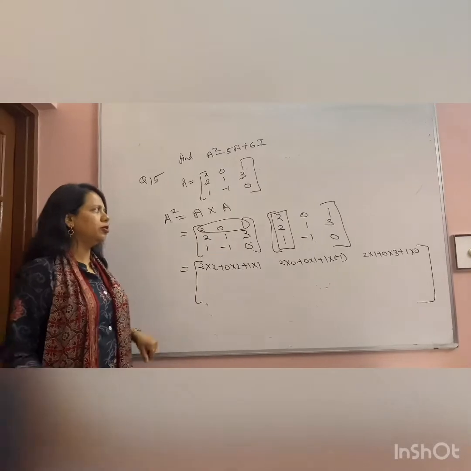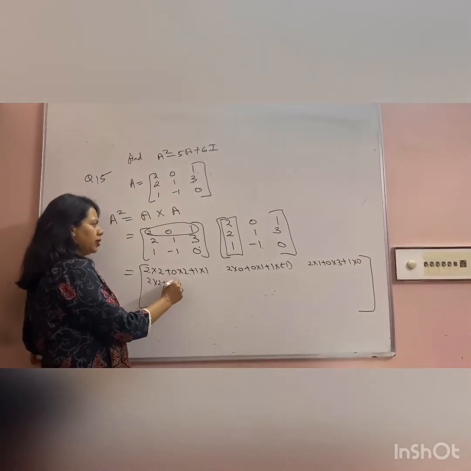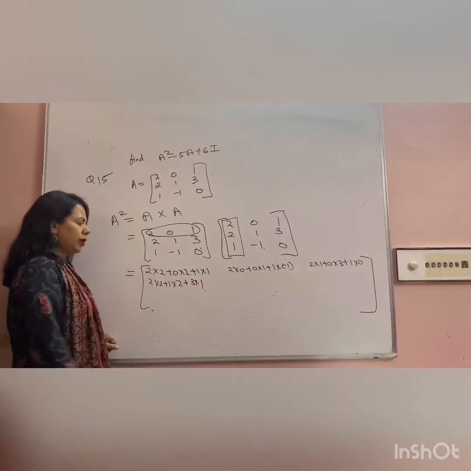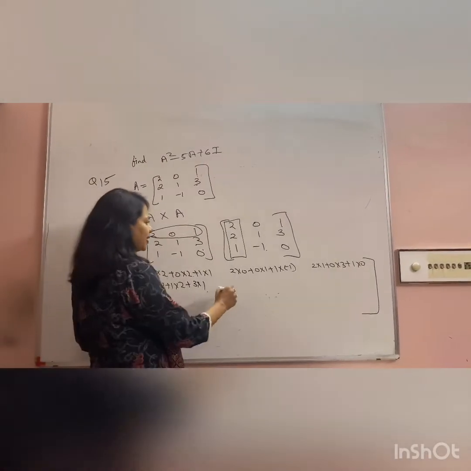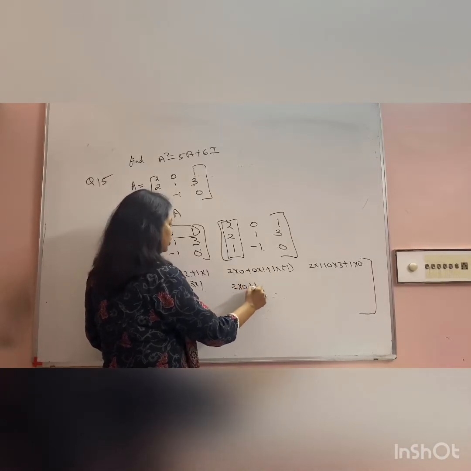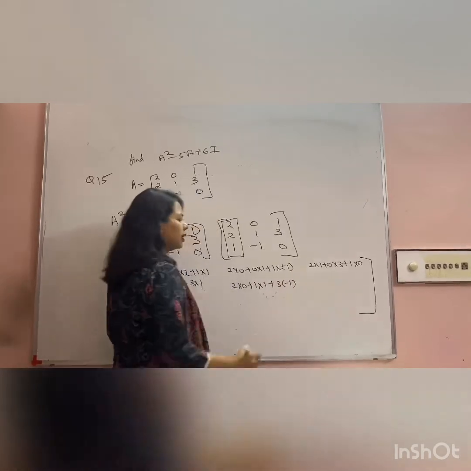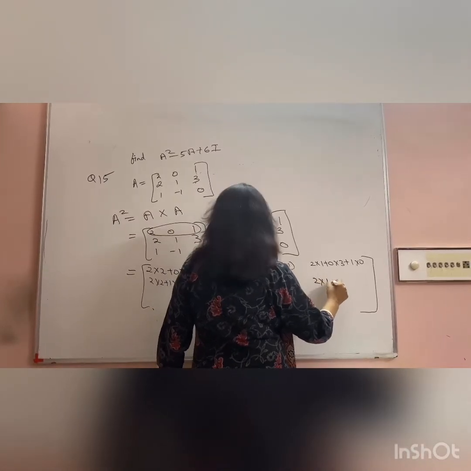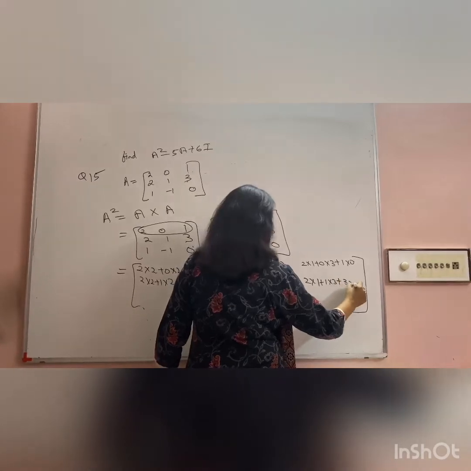Now second row, first column: 2 into 2 plus 1 into 2 plus 3 into 1. Now second row, second column: 2 into 0 plus 1 into 1 plus 3 into minus 1. Second row, third column: 2 into 1 plus 1 into 3 plus 3 into 0.